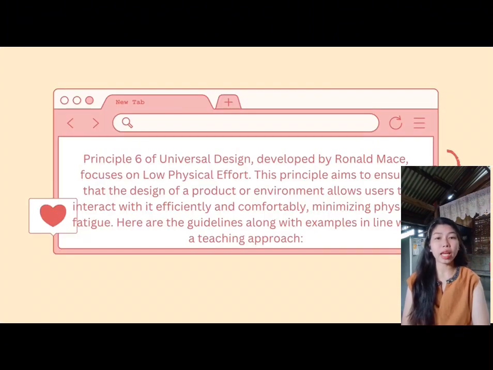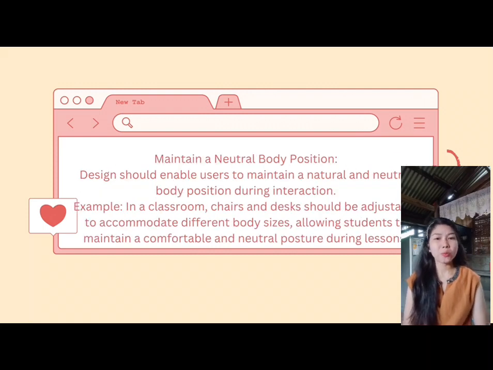This principle aims to ensure that the design of a product or environment allows users to interact with it efficiently and comfortably, minimizing physical fatigue. So, in this principle, there are also four guidelines, which are maintain a neutral body position, use reasonable operating forces, minimize repetitive actions, and minimize sustained physical effort.